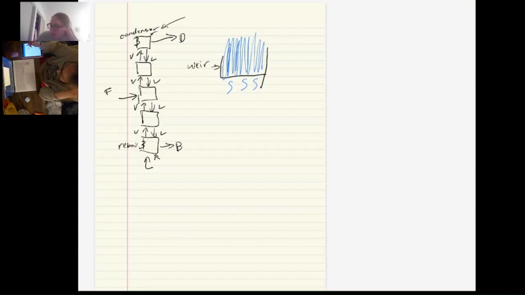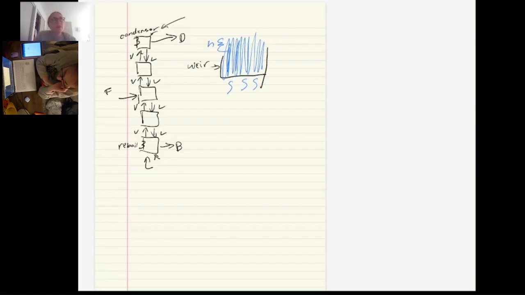But the height that's past this weir, past that wall, this right here is called your molar holdup. And so the height of that wall is going to give a different composition of your flow rates and your compounds and your liquid and your vapors. So it's very important, this height here as well.